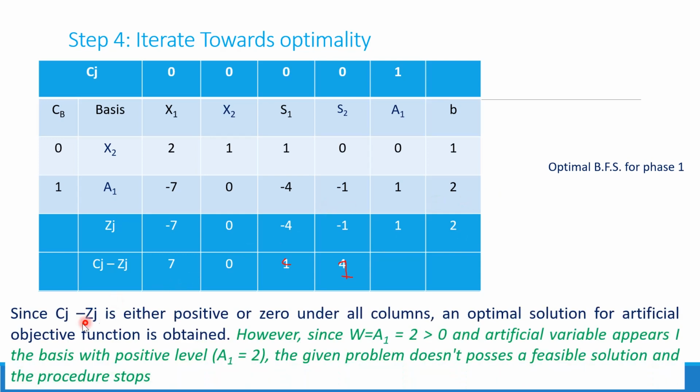Since Cj minus Zj are either positive or 0, this is an optimal solution for phase 1, but this cannot be an optimal solution because your basis column is having an artificial variable with a positive value in the B column. That means this problem will not have any kind of feasible solution in the coming step. Therefore, the procedure itself stops here and the problem is over here.